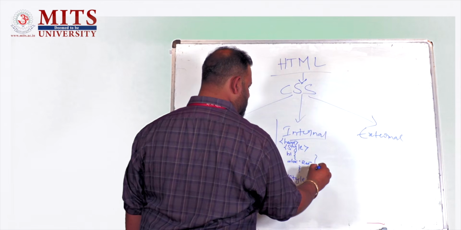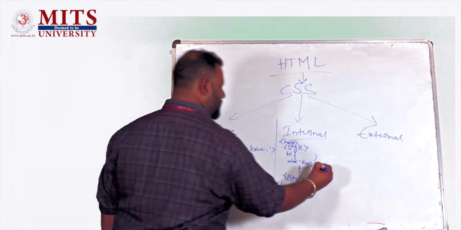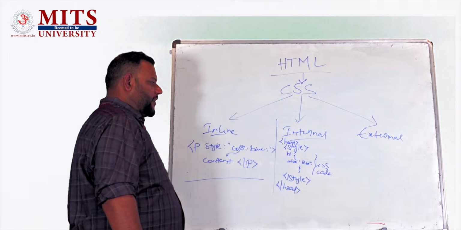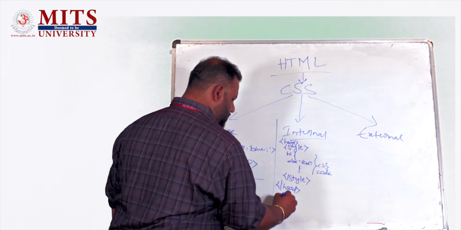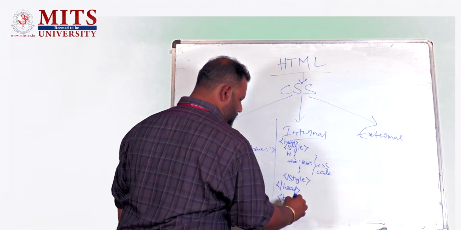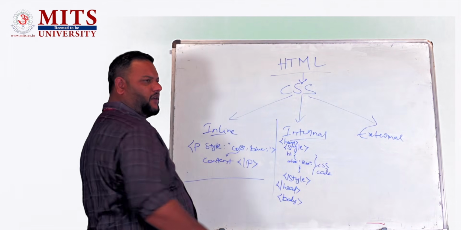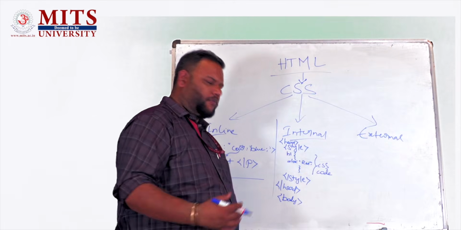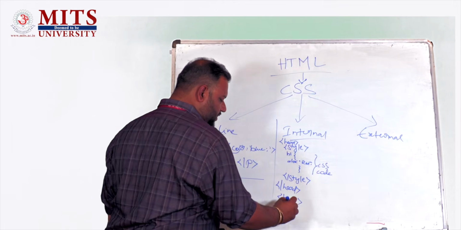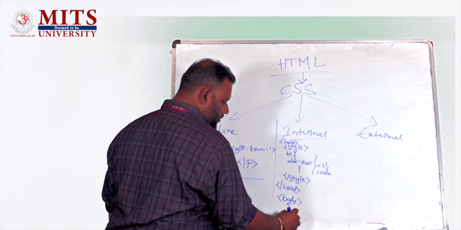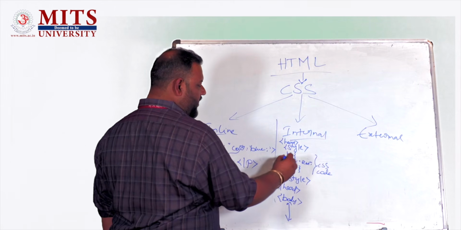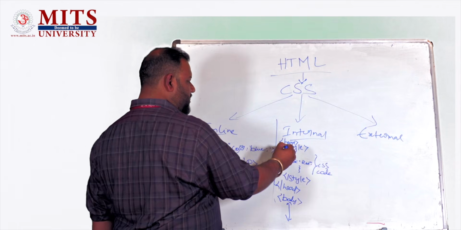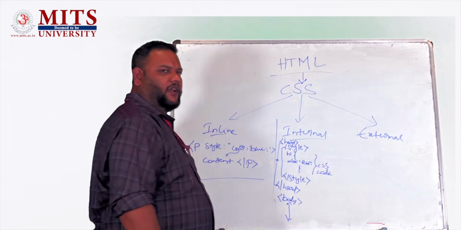This is the CSS code. After this, the body tag opens and the content that is to be visible will be written, but the styling for this content will be given inside the head tag, using the style tag.